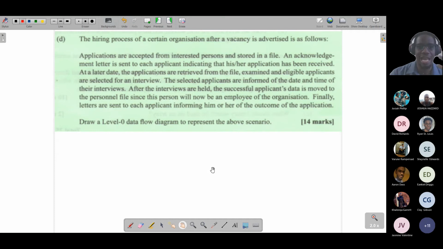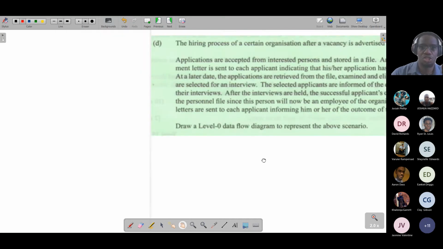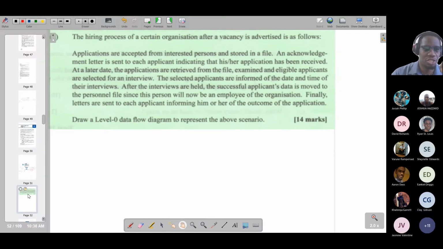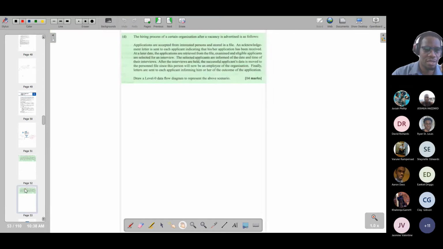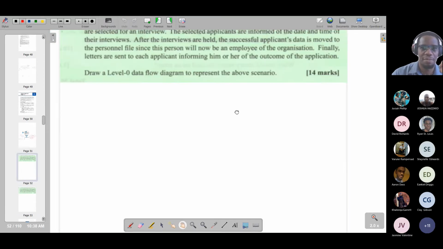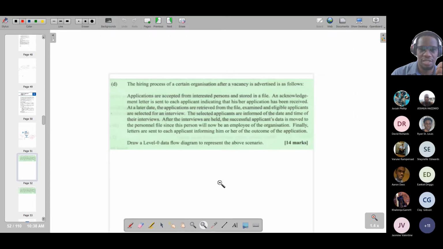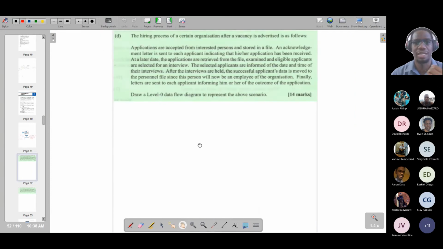So let me duplicate this page before I go drawing on it, because I'll have one page with the level 1 and the level 0, and the other page with the context.